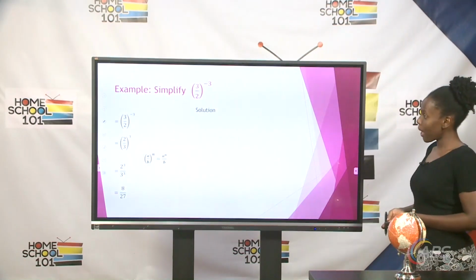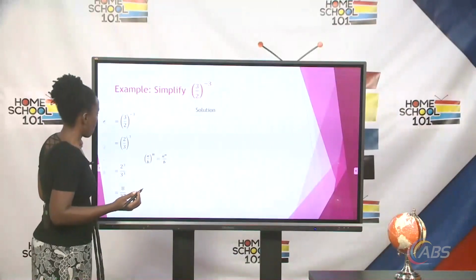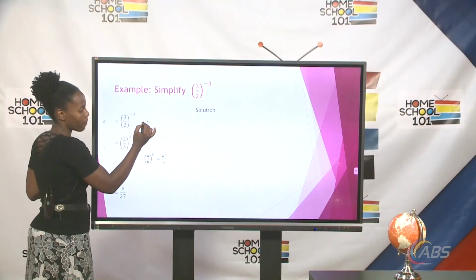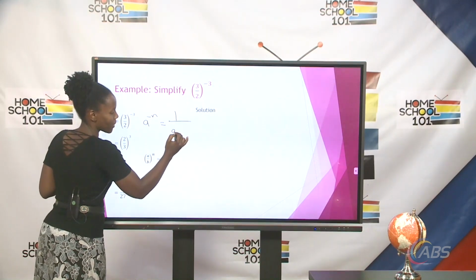Another example, I have to simplify 3 over 2 to the power negative 3. So again, once I have a negative power, all I need to do is to invert the fraction, replace numerator with denominator, and essentially the power becomes positive. Essentially what you're doing, remember we said applying the property that states a to the negative n is equal to 1 over a to the n.